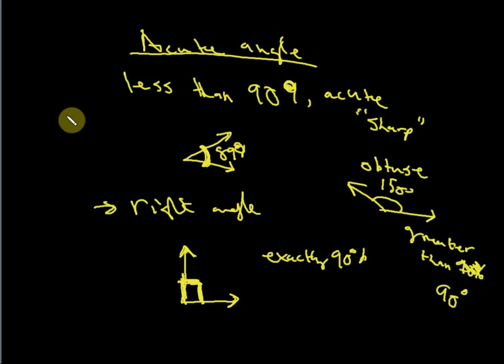They're not just going to draw a symbol like this and expect you to know that this is an obtuse angle. Because if you've had a very good geometry teacher, they can easily trick you and draw something like this.